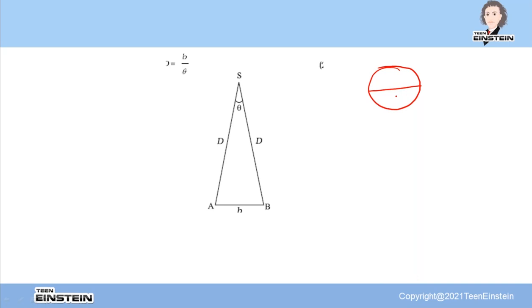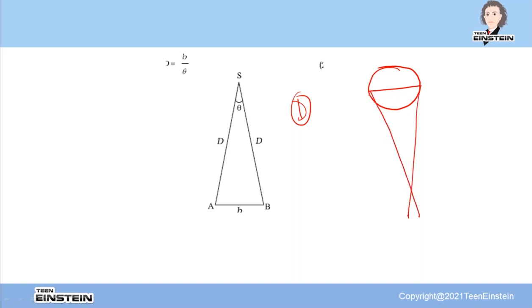Now look what I can do. I can do the parallax method in the reverse way, like this. I will try to see both ends of the moon, taking the full moon, from the same point of observation.